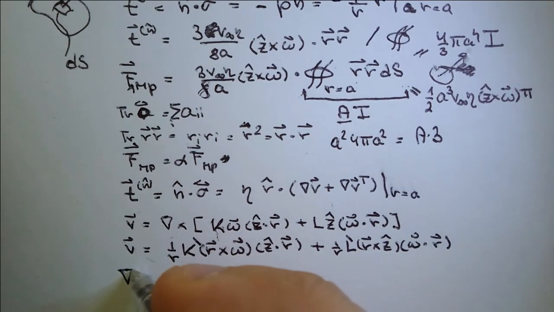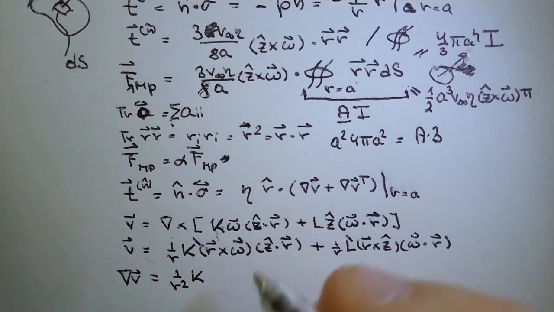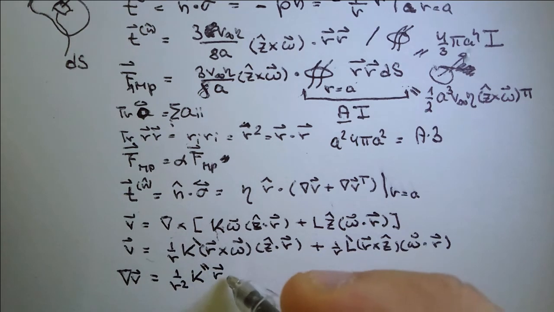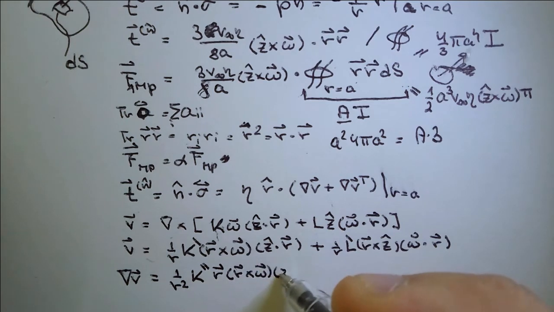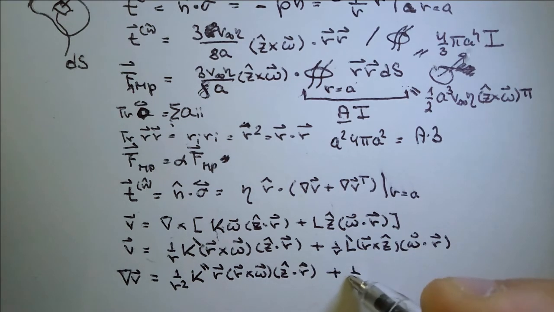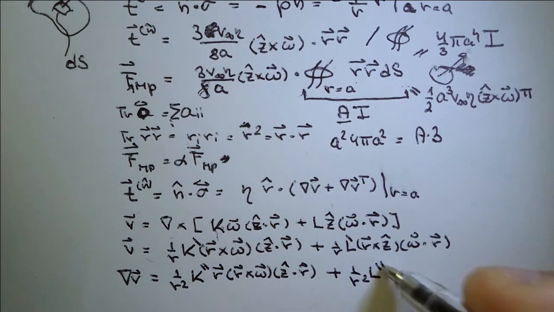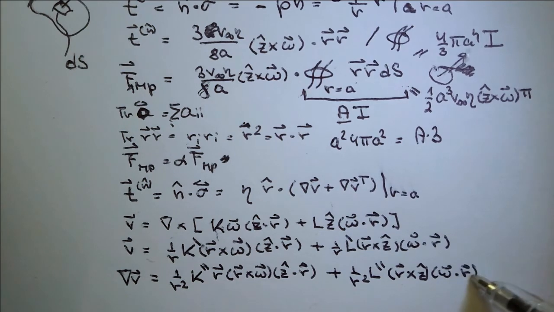So if I compute just the gradient of v, I have to take the gradient of this, which is 1 over r squared k double prime times r, and there should be r cross omega and z dot r plus 1 over r squared l double prime r cross z hat omega dot r vector.